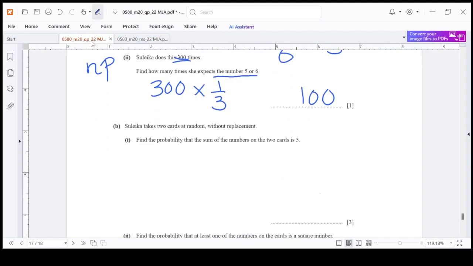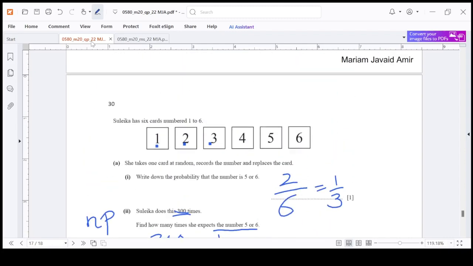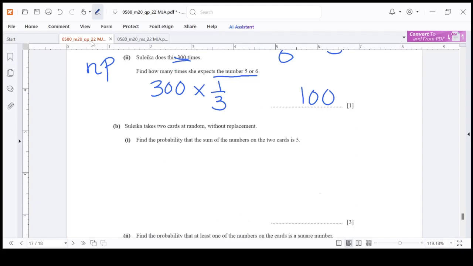Suleika takes 2 cards at random without replacement. Find the probability that the sum of the numbers on the 2 cards is 5. Okay, so now we have to pick such 2 numbers that give us a sum of 5. Drawing a possibility diagram would really help in doing this question. Let's do that.